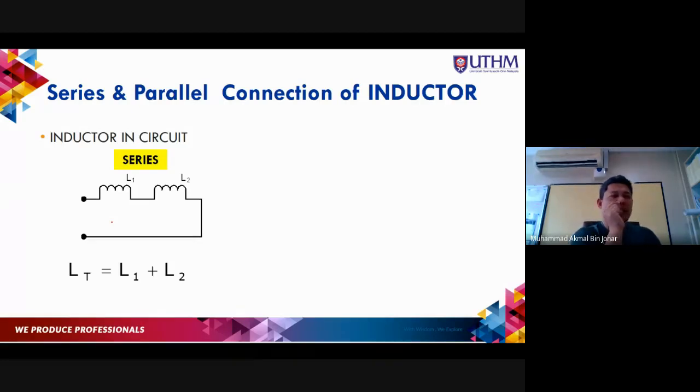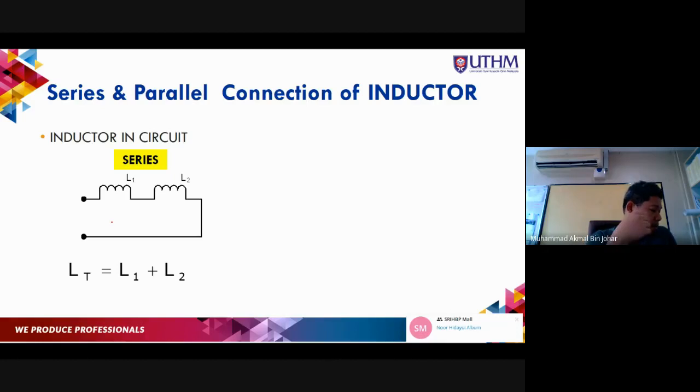Last time, when we calculated capacitance, it was the opposite way when calculating the total value compared to resistors. Here, the inductors are calculated in a similar way to total resistance. When the inductors are in series, L1 plus L2 gives you the total.